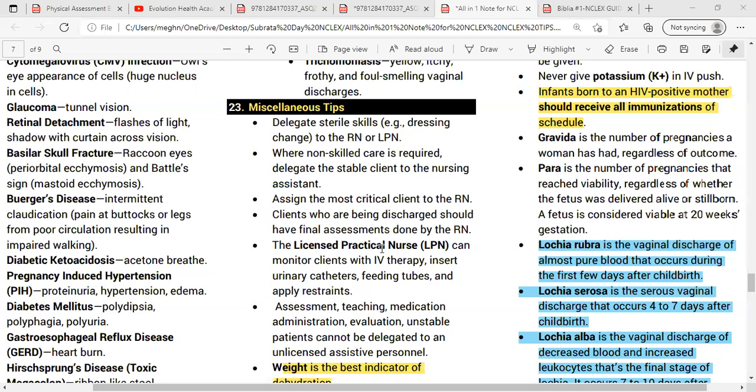The licensed practical nurse, we call it LPN. What is the role of an LPN? LPNs can provide care to clients in stable condition, or they can take care of clients under the supervision of an RN or other healthcare provider.